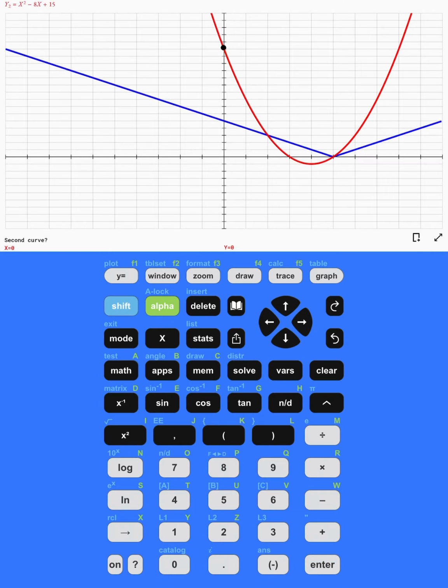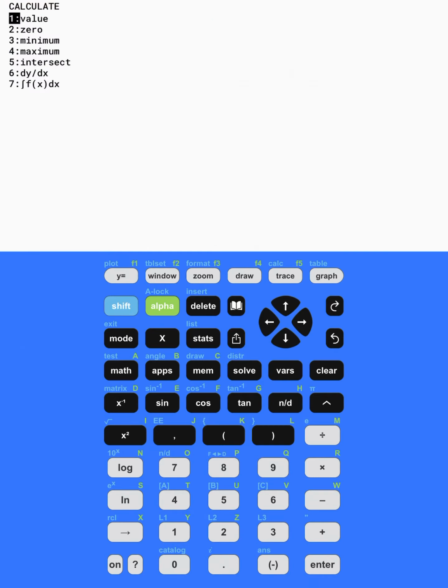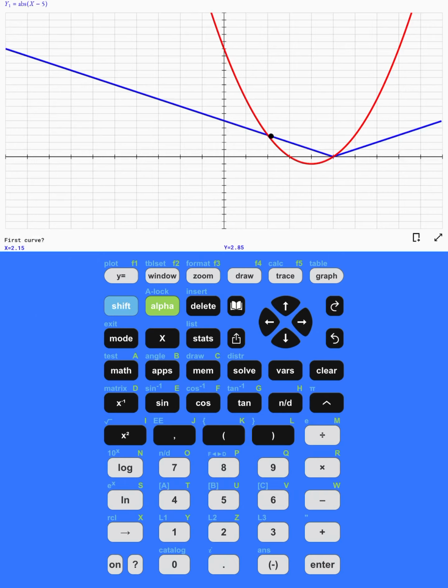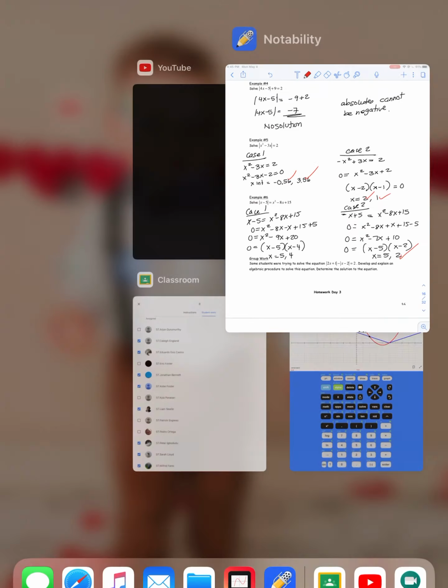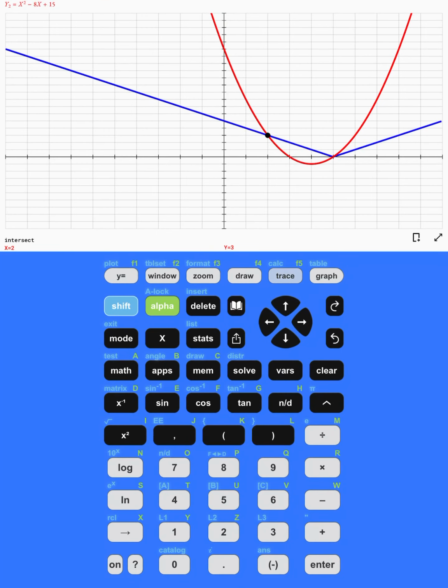It seems like there's only 2 solutions. So we're going to go second trace, number 5. Go as close to the intersection as you can. Second trace. So the intersection, one of them is at 2, so we're going to check mark that 2 is a solution.